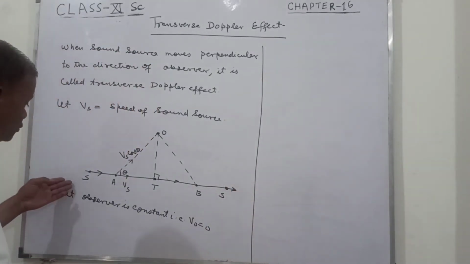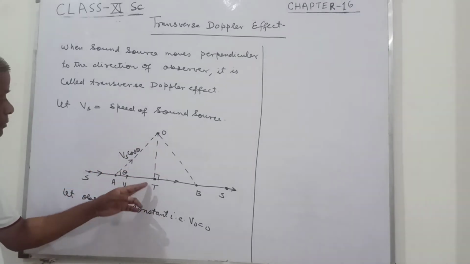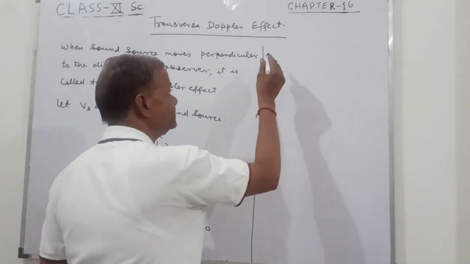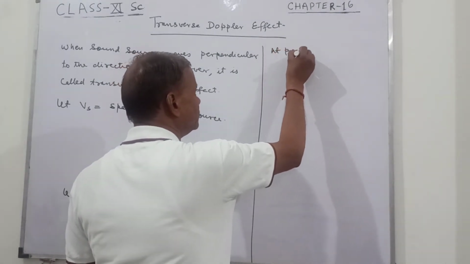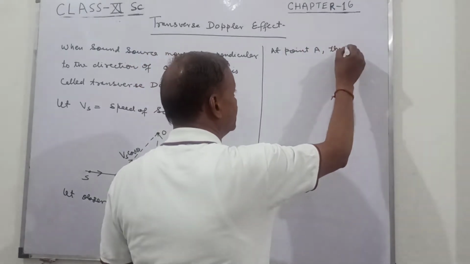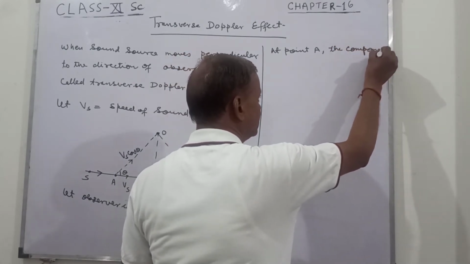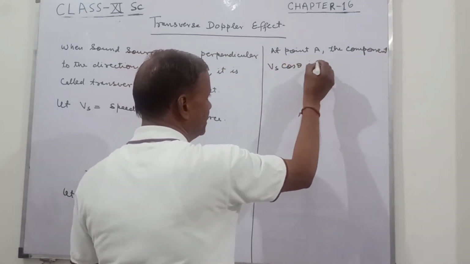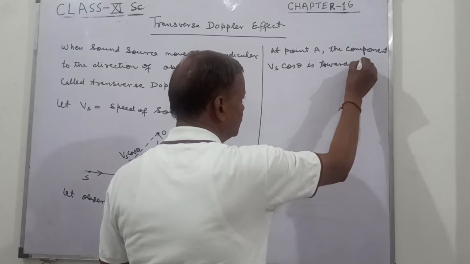When the sound source moves towards the point T, which is at right angle to the observer, at point A the component Vs cos theta is towards the observer.